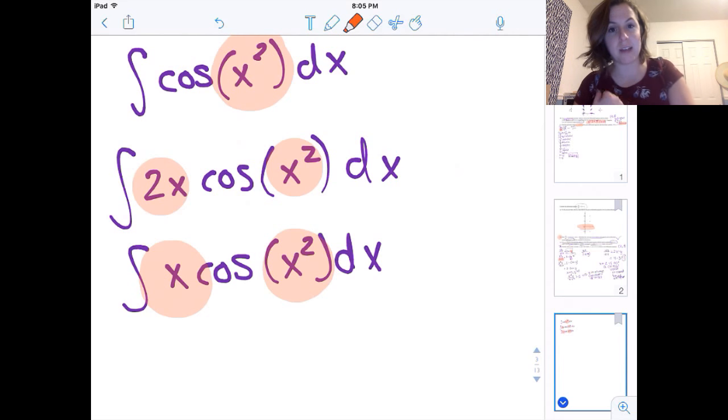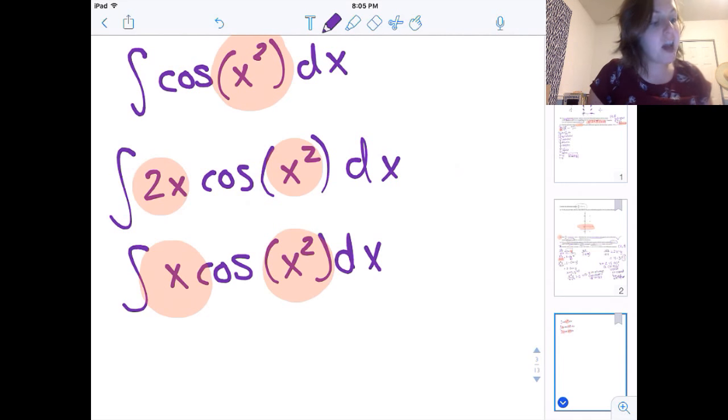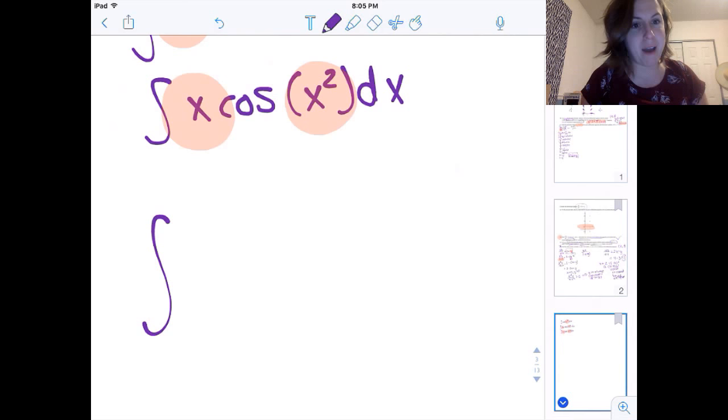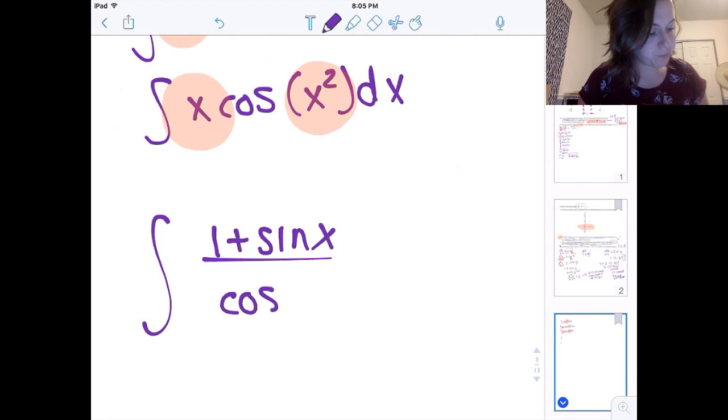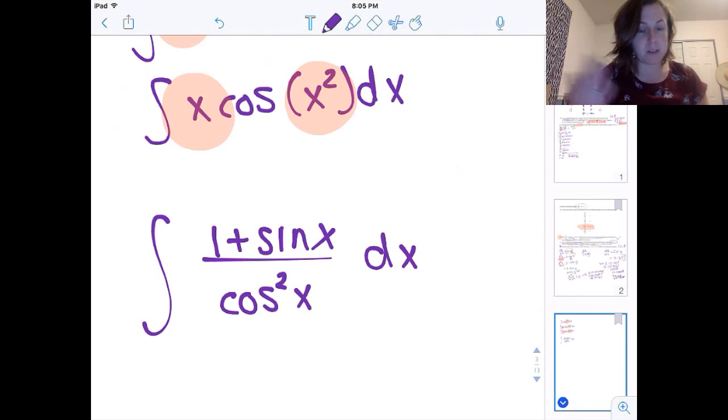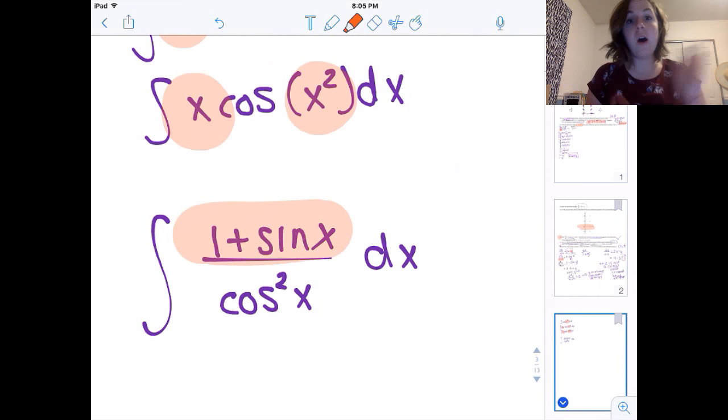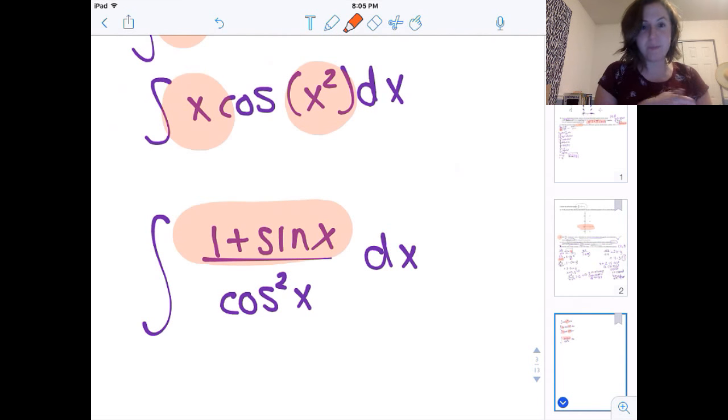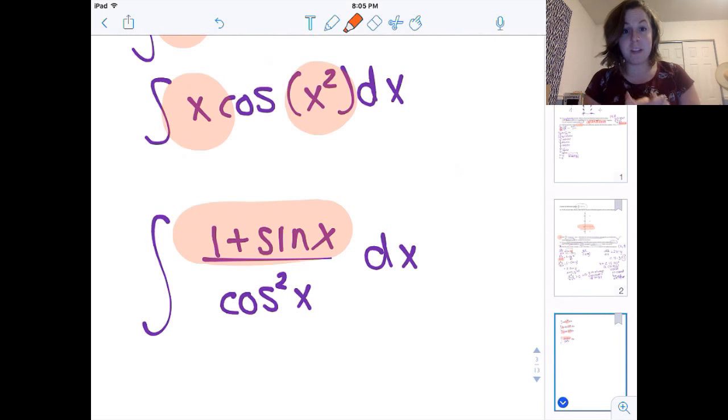All right. The other question that I got was this one from the packet, which was the integral of, I think it was, 1 plus sine x over cos squared. So the first thing that a lot of people want to do on this is they want to see this and go, oh, that's cos squared, right? It's not. It's not squared, and if it was, it'd be 1 minus sine squared. So that is not a trig identity that we know, okay?